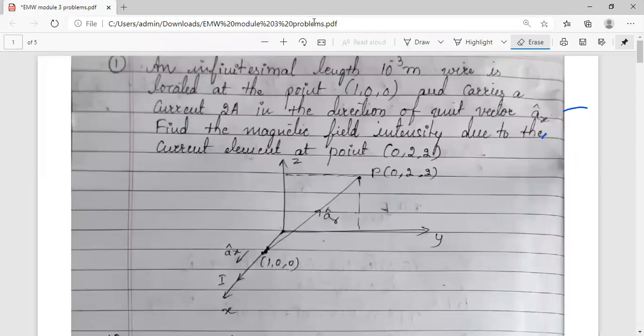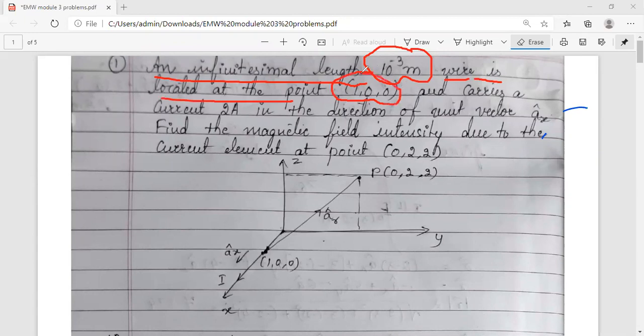Okay, let me read out the first problem. An infinitesimal length, you can see the length is given, 10 to the power of minus 3 meter wire. It is located at point (1,0,0). So you have one conductor, it can be of any shape.